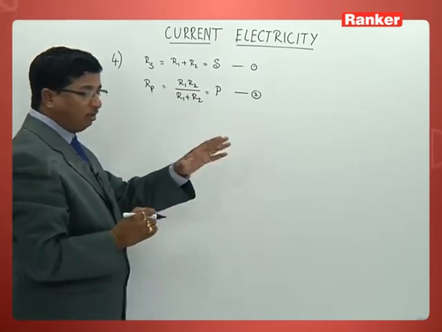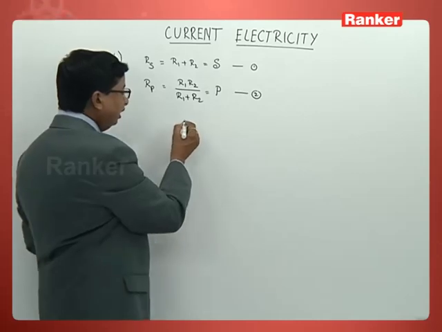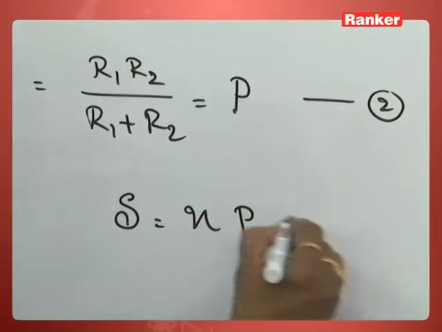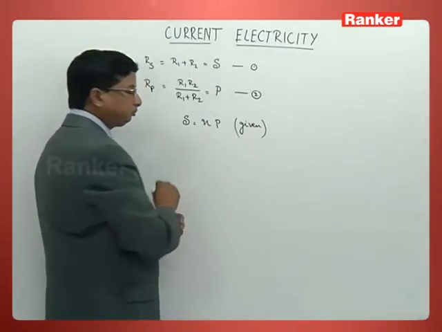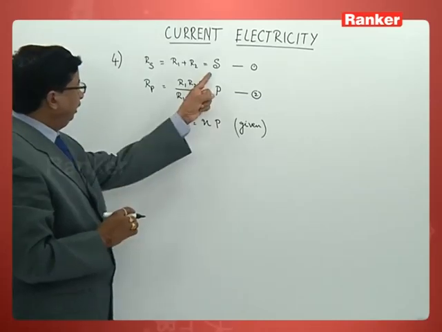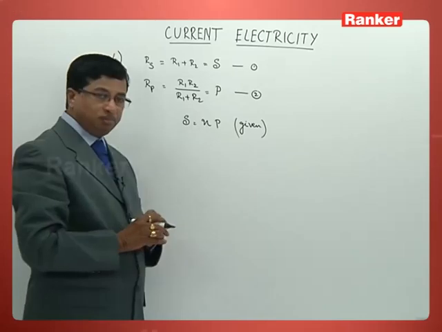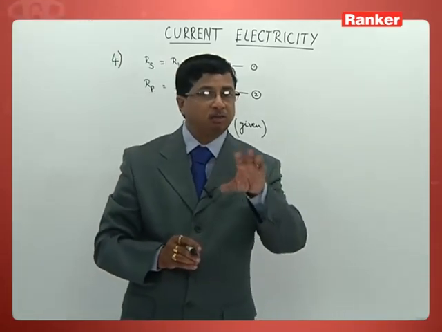And what is given as the relation between these two in the problem? It is given that S is equal to N times P. The series resistance effective value is N times the effective value of resistance when they are connected in parallel.